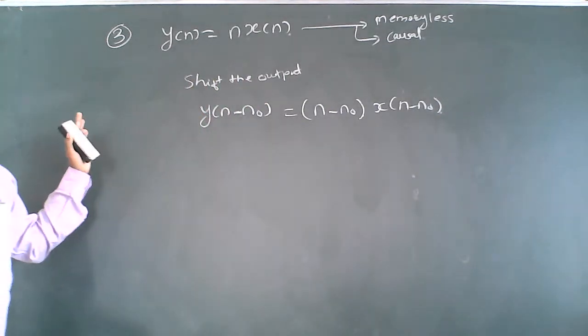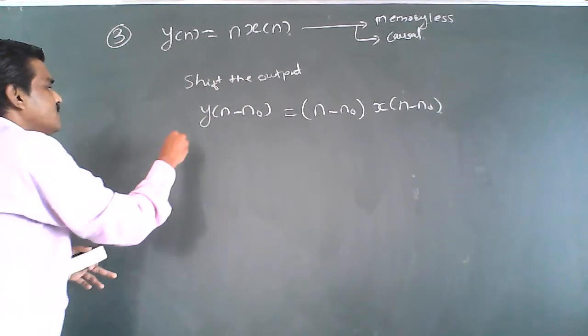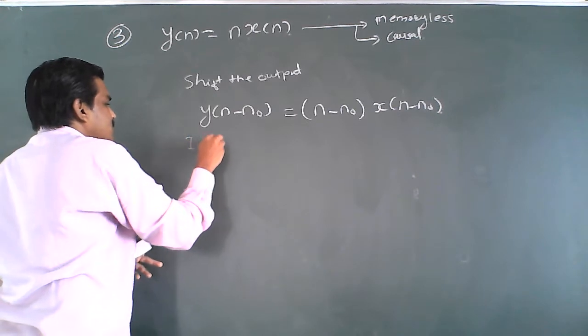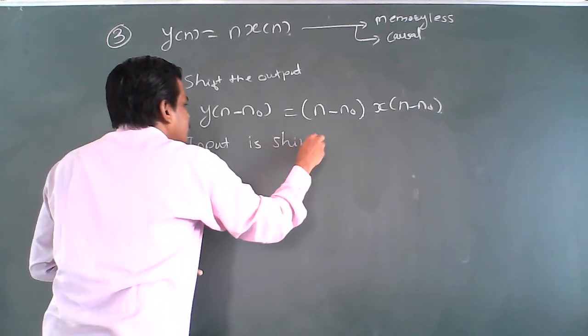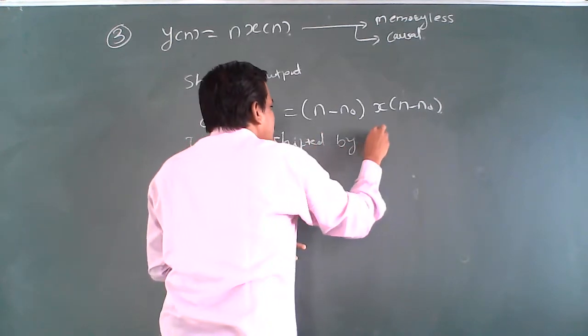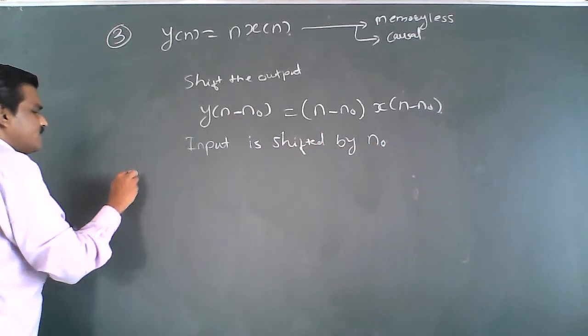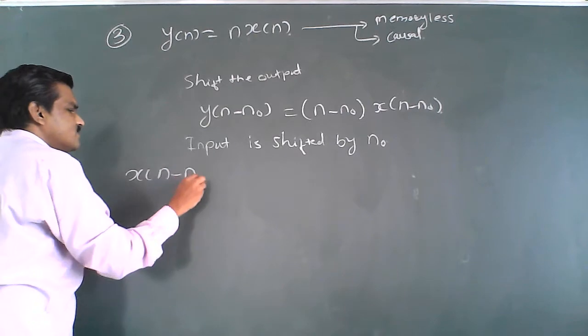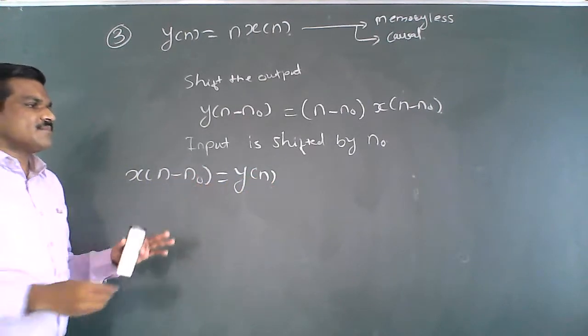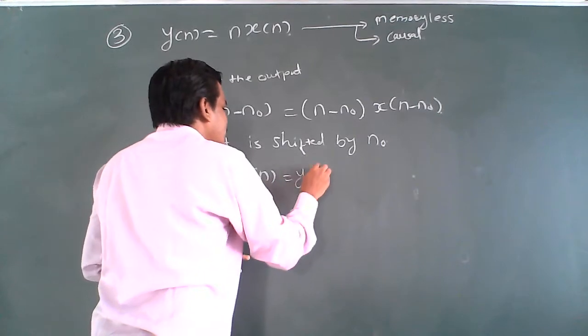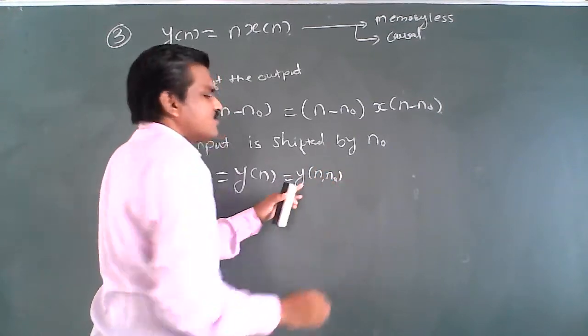Fine. Now if the input is shifted by n0, that means x of n minus n0, which is nothing but y of n. Sometimes I may have written this as y of n comma n0, so both nomenclatures are the same.